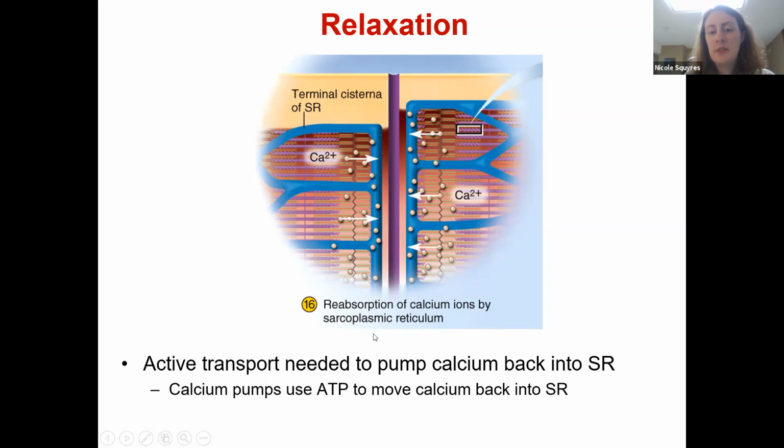And that is going to be done by calcium pumps. And that actually requires active transport. So you use ATP to pump all of that calcium back into these terminal cisternae of the sarcoplasmic reticulum, where it will then stay in storage, waiting for the next action potential to cause it to leave the sarcoplasmic reticulum again.